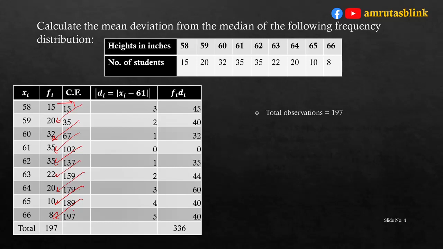That is, the total frequency is equal to 197. Hence, the total number of students whose record is being considered is 197.